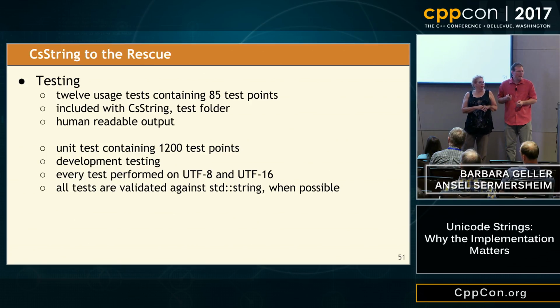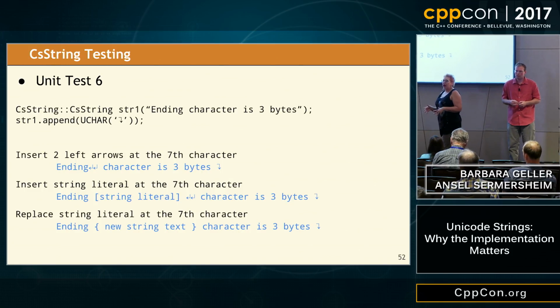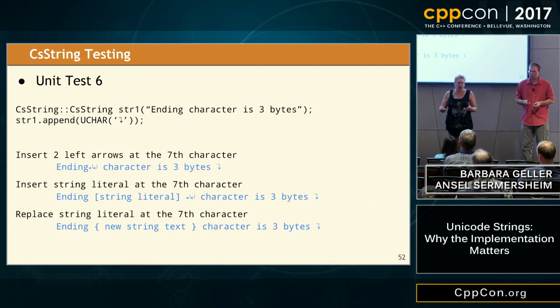As an example of some of the testing, we can manipulate multi-byte characters easily without having to deal with the complexities of how they're encoded in the string. So we can just append a character outside the basic multilingual plane, and it just works. The unit tests we're showing here are part of the source code. So if you go to our forum or our GitHub, these are actually included, so you can take a look at them.